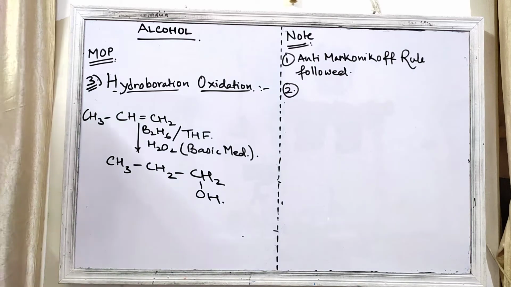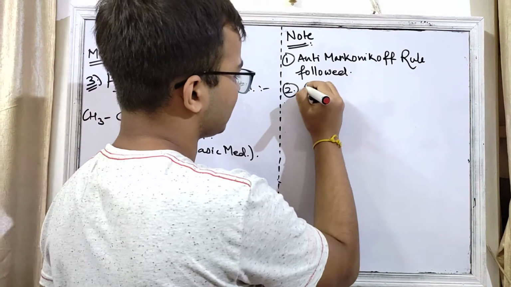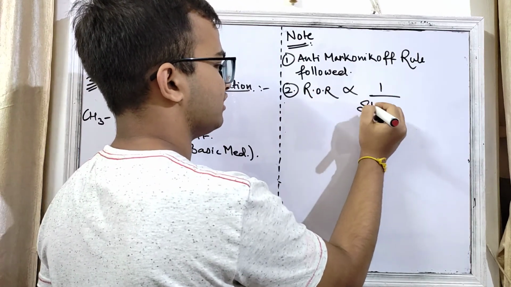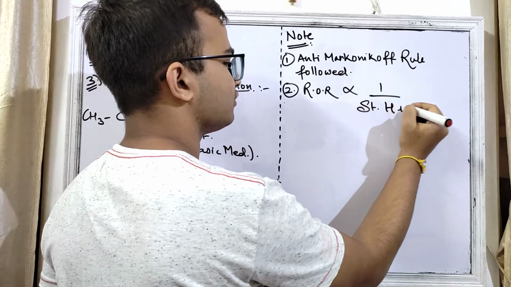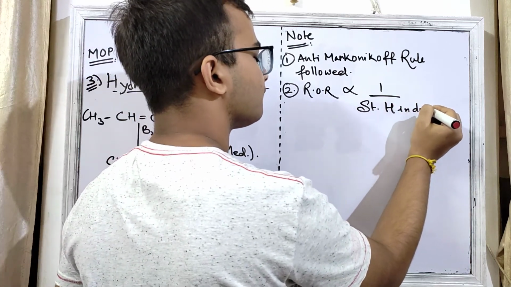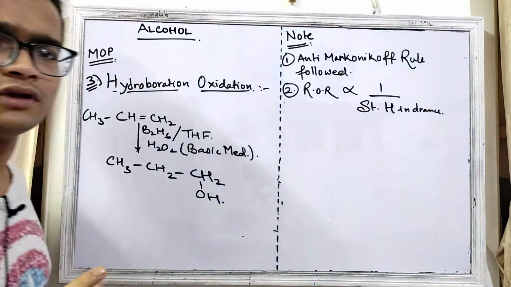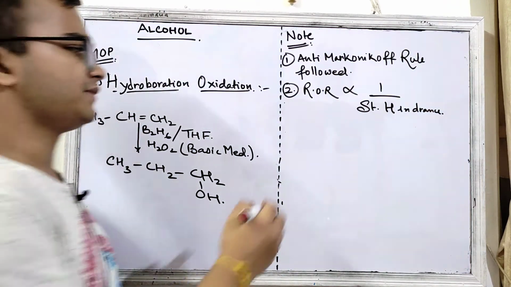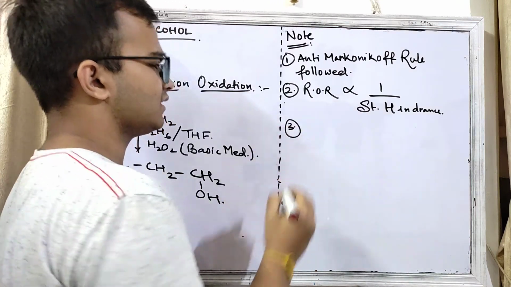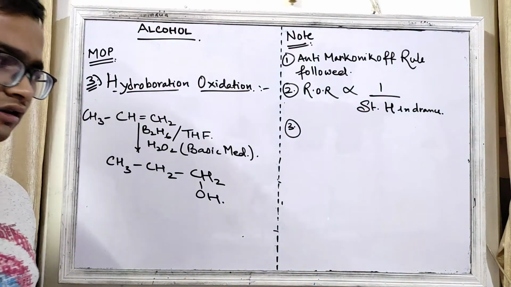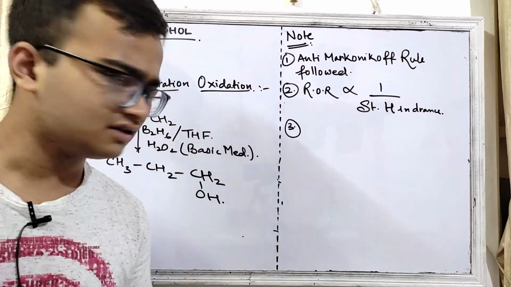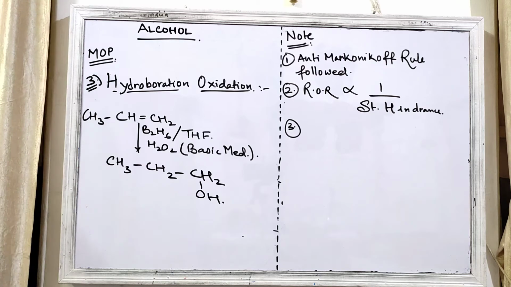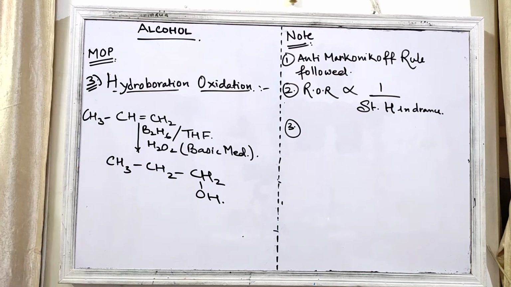The second point is rate of reaction is inversely proportional to steric hindrance. What is steric hindrance? Steric hindrance means bulky group. The more the presence of bulky group, the more is the possibility of the reaction not to happen. That means if the group is very heavy, the reaction will freeze, or the feasibility of a reaction is very less. So rate of reaction is inversely proportional to steric hindrance.